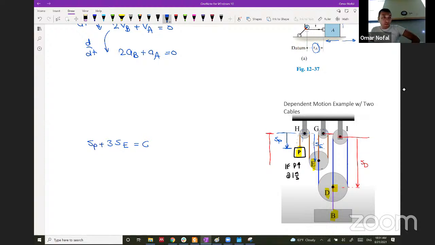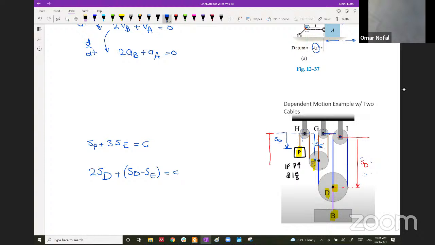So you will have 3 minus 2, okay, 2 SD plus, so SD minus SE. But this requires you to have this pulley at the same point as the other one, like this should be with this one.